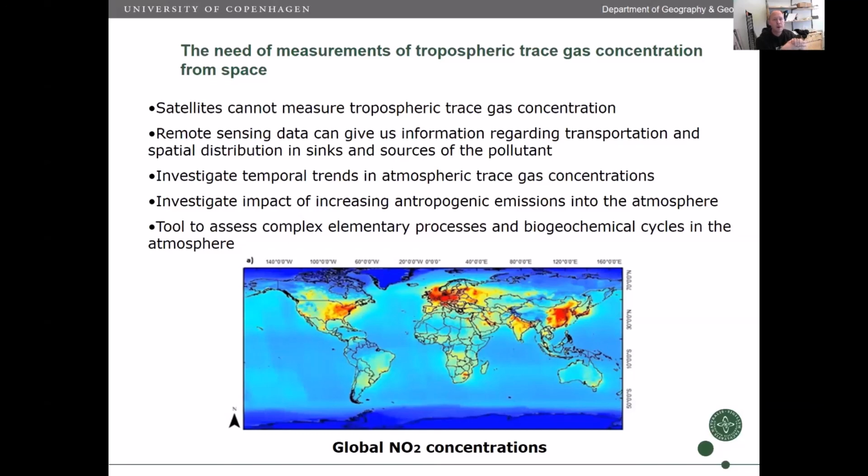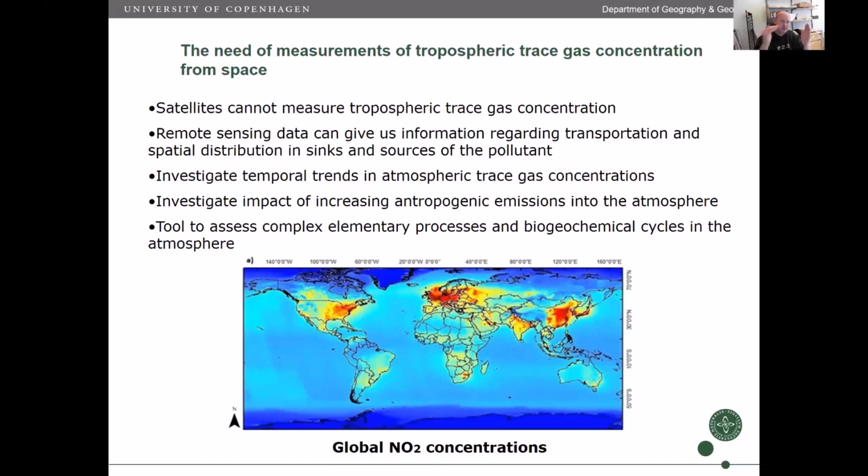And by now, we also have quite long time series of these satellite products. So we can also start to study how the trends are going in the air pollution. Do we have more air pollution today or do we have less? What impact is there if we make a political decision that from now on it's illegal to emit this pollution into the atmosphere?